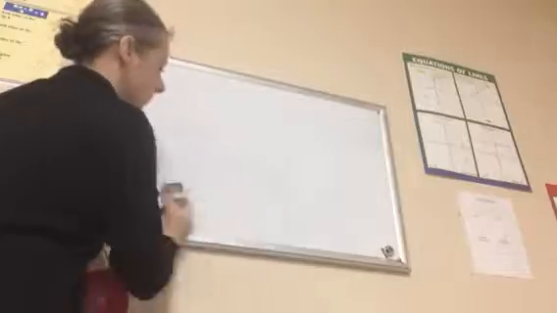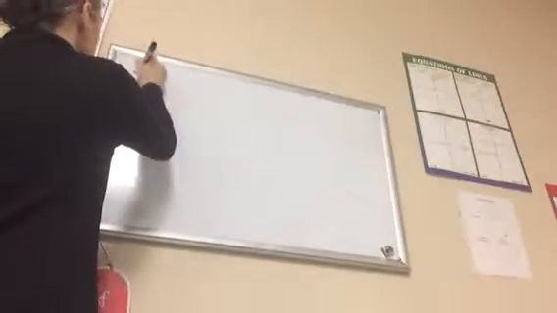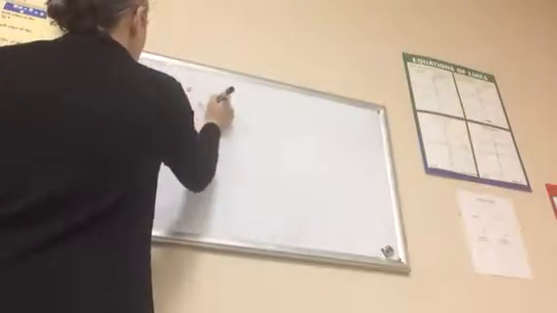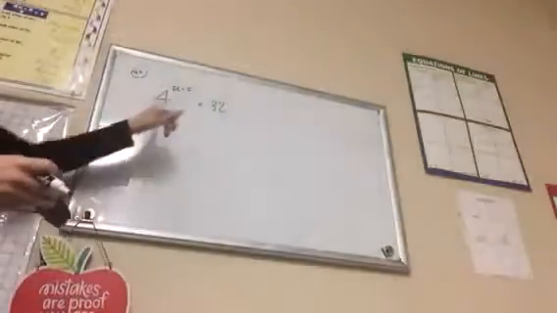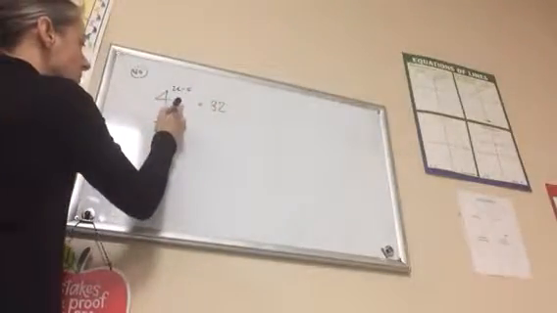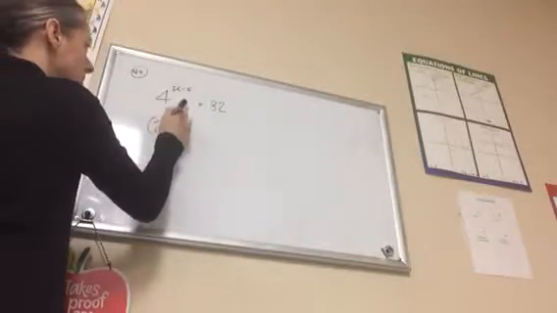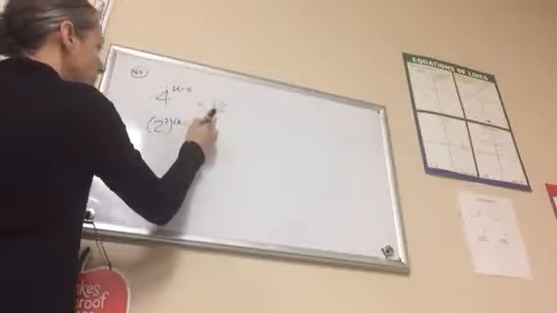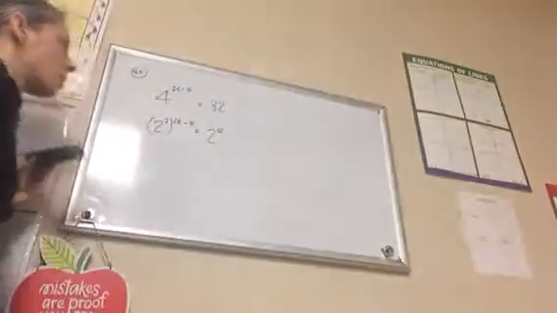Problem 40 is 4 to the 2x minus 5 power equals 32. We begin by seeing how we can simplify 4 and 32. We recognize that 4 is a power of 2, and 32 is also a power of 2.